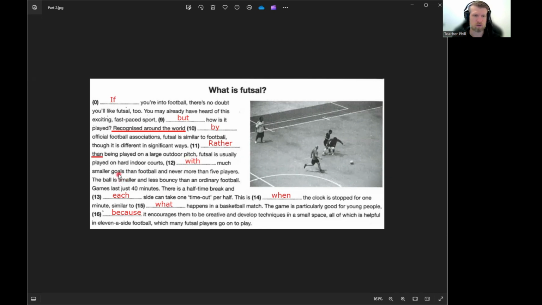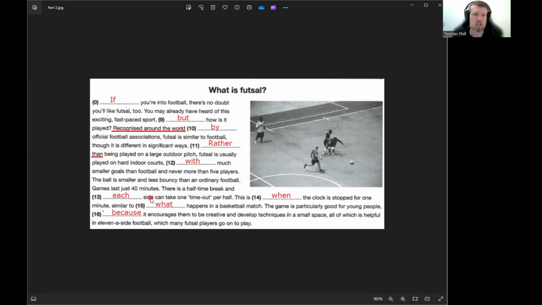Okay, so then we continue. It says here the ball is smaller, less bouncy, so it doesn't bounce that much. Games are only 40 minutes long, in comparison to the 90 minutes of a regular football match. There's a halftime break, and then it says here that the side, that's a team, sometimes we use the word side, can take 1 timeout per half.